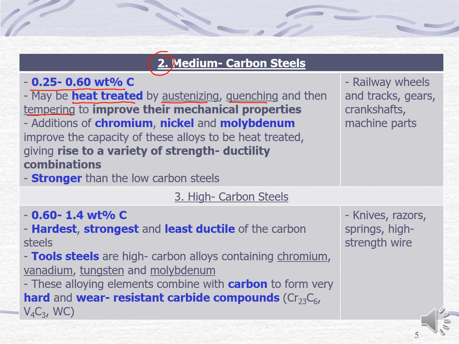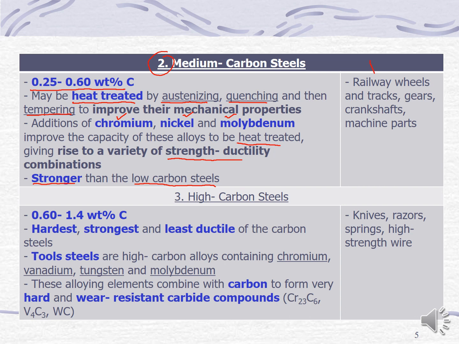What are the alloying elements for this medium carbon steel? The alloying elements are chromium, nickel, and molybdenum, in order to improve the capacity of these alloys to be heat treated, giving rise to a variety of strength and ductility combinations. This steel is stronger than the low carbon steel.